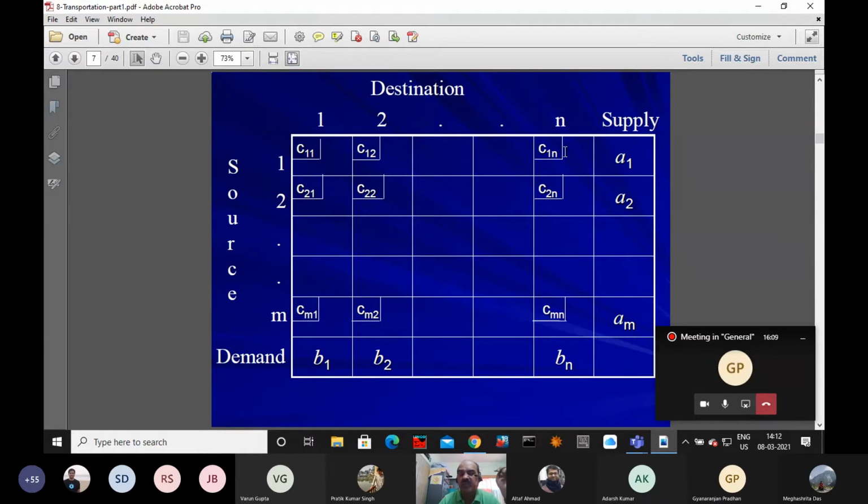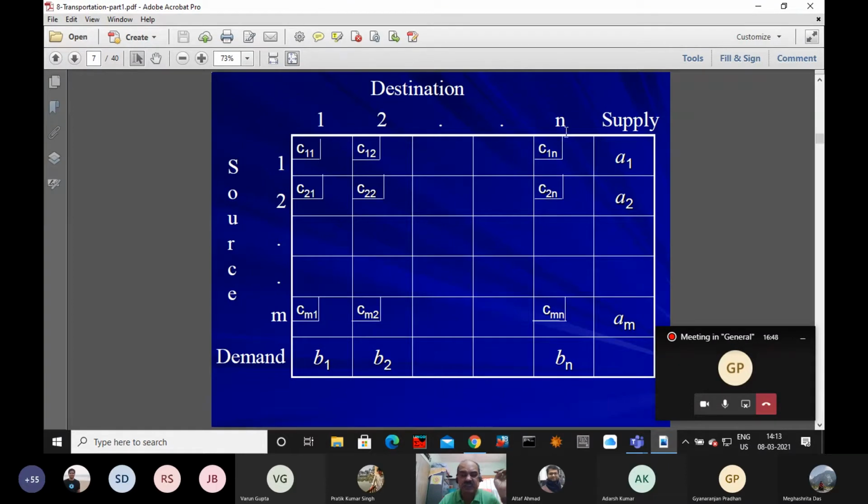Similarly, C1n is the unit transportation cost from source 1 to destination n. In the second row, C21 is the unit transportation cost from source 2 to destination 1, C22 from source 2 to destination 2, and the last element C2n from source 2 to destination n.